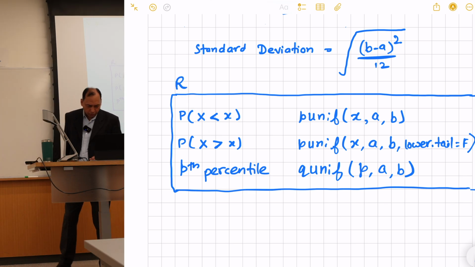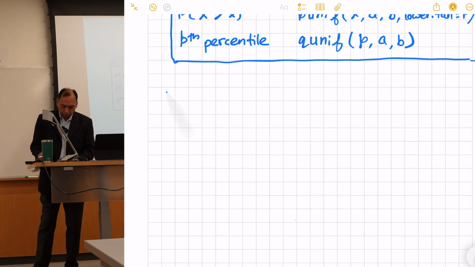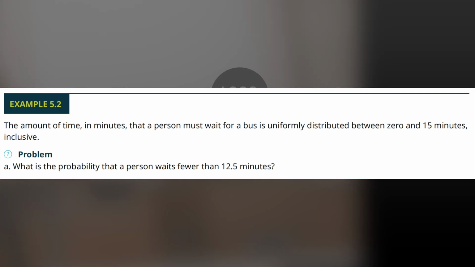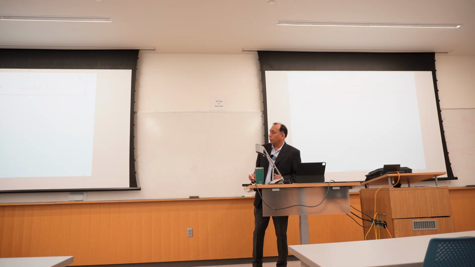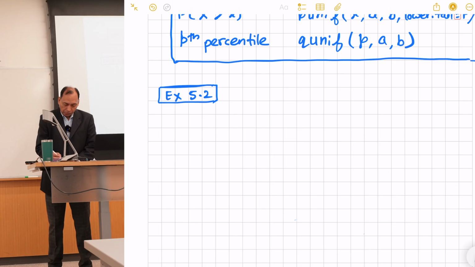Example 5.2 from the book. The amount of time in minutes that a person must wait for a bus is uniformly distributed between 0 and 15 minutes. A: what is the probability that a person waits less than 12.5 minutes? It's always a good idea to create a picture.